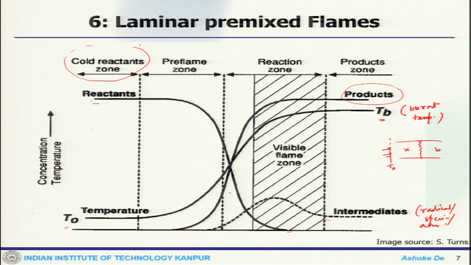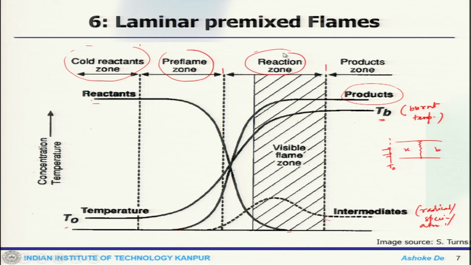Then as things move along, this particular zone is called the preheat zone, where slowly the reactants are getting heated up because of the temperature increase. Finally, this is the zone which is the visible flame zone, and this whole zone from this dot to this is called the reaction zone.